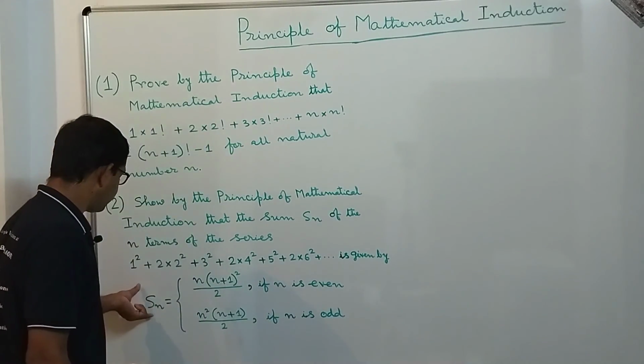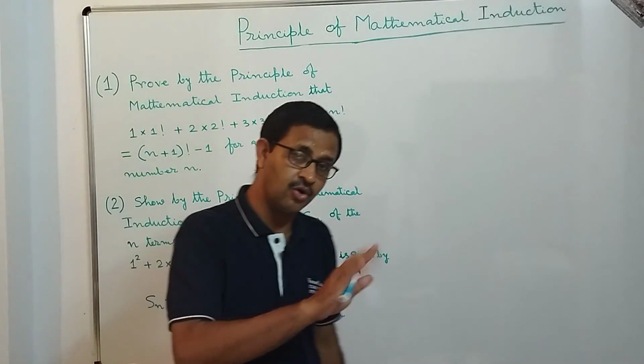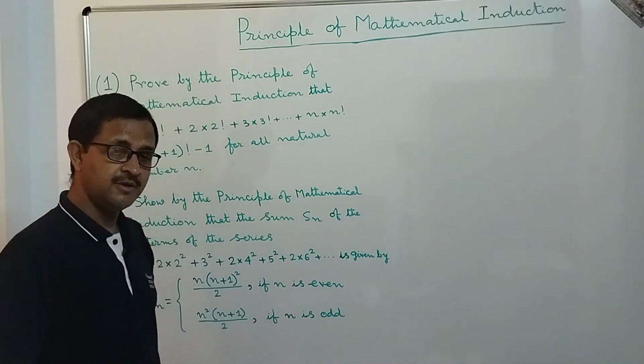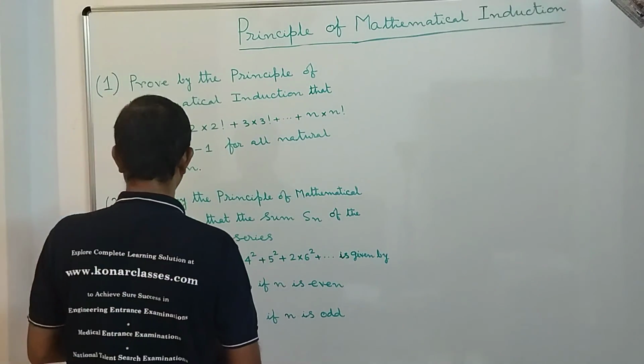So, the sum up to the first n terms changes based on whether n is even or odd, and we need to prove this by means of the principle of mathematical induction. Let us see how we can prove this one.